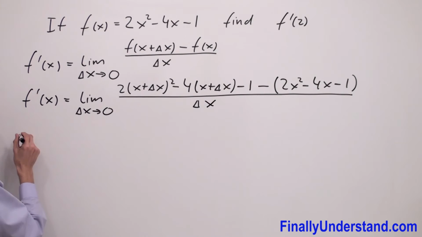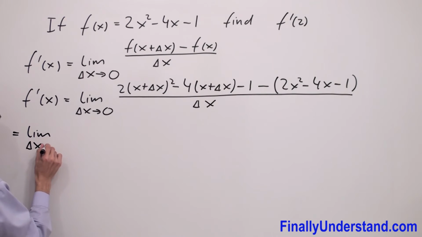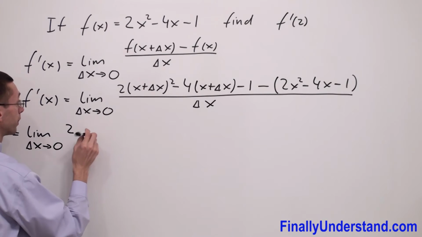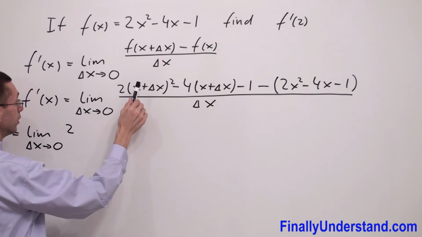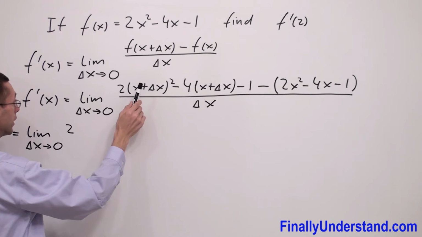So what do I have to do? Simply write limit as delta x approaches 0, and I have 2. I'm supposed to use the formula called the square of a sum.